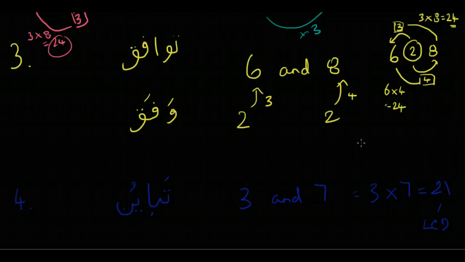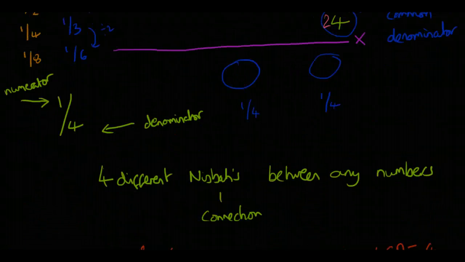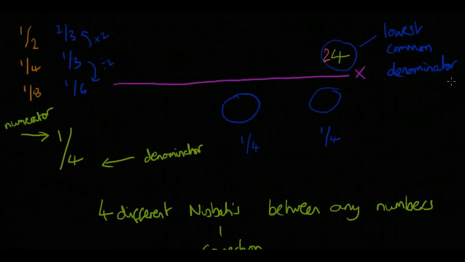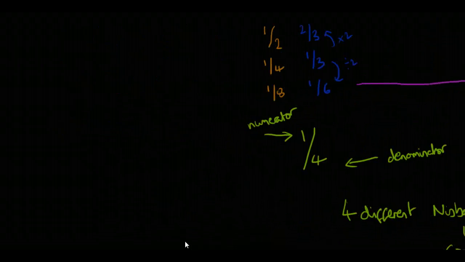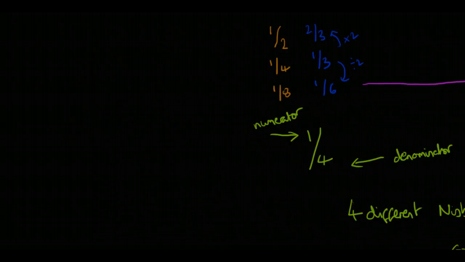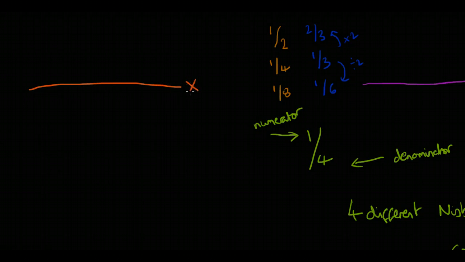So once we have our lowest common denominator, what do we do with it? Well, if we go back to our example, let's do a simple example which will illustrate the point. So we have our line which represents the deceased.